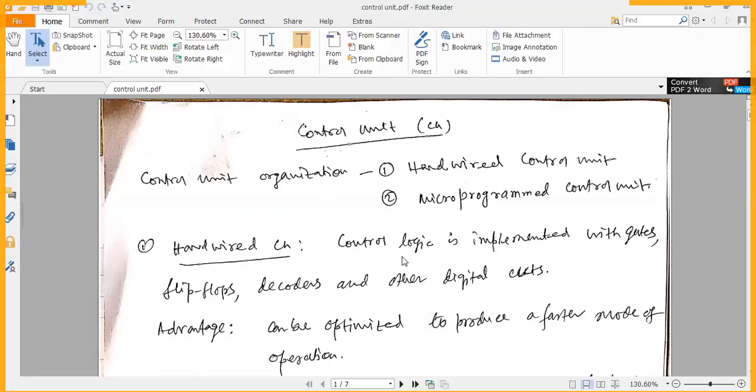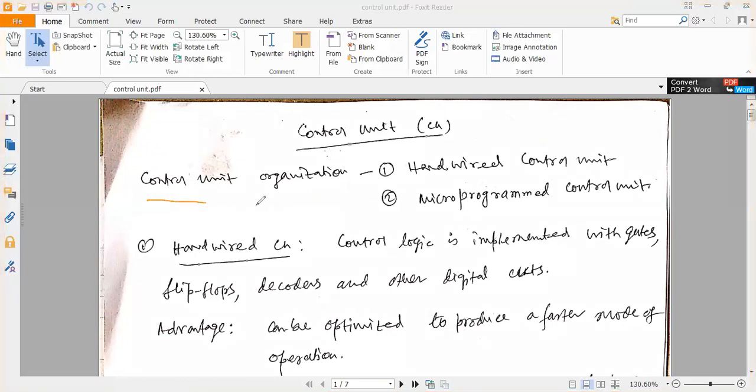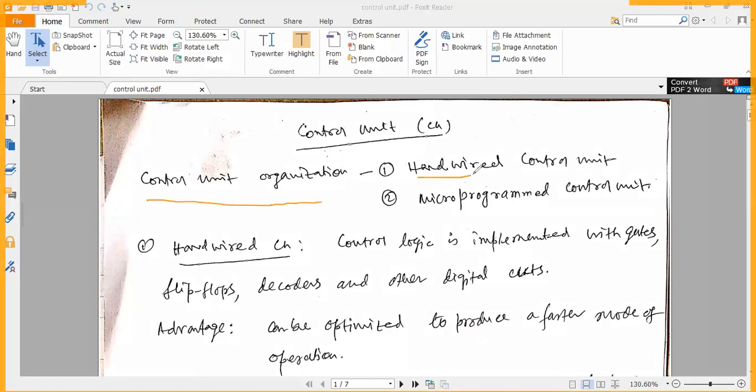So the control unit organization is most important. Here we have two types of control unit. The first one is hardware and the second one is microprogram.